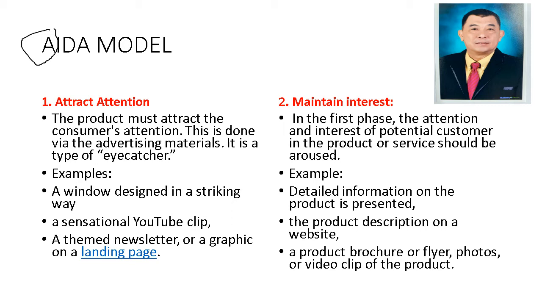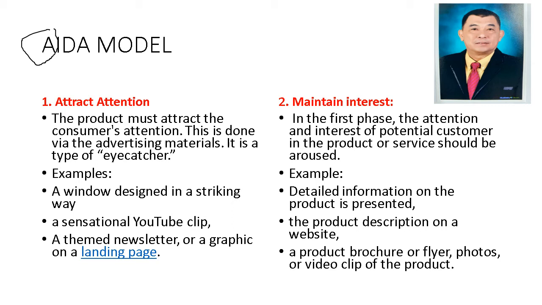The product must attract consumers' attention. This is done via the advertising materials. If you are going to use one of the promotional mix, which is advertising, it is a type of eye catcher.